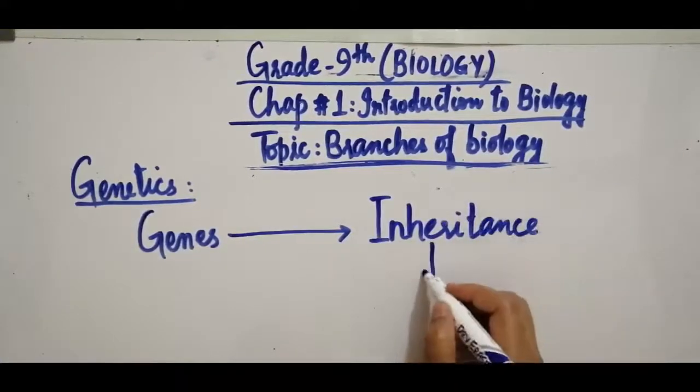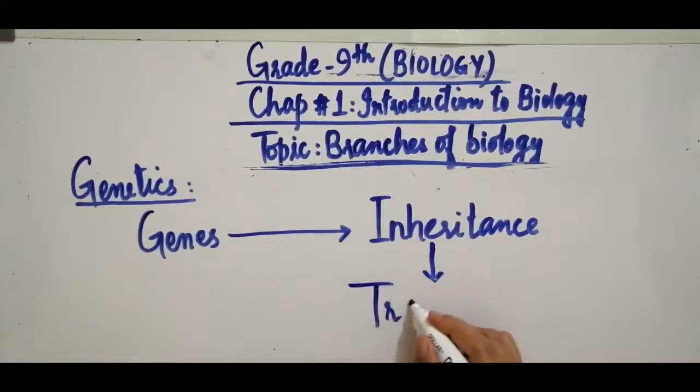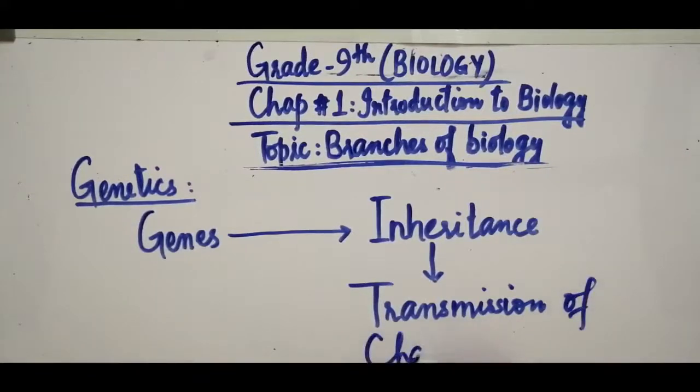What is the meaning of inheritance? Inheritance means the transmission of characters from one generation to another. Now, what are these special characters which are actually transmitted from generation to generation?